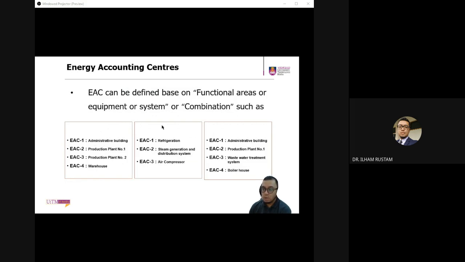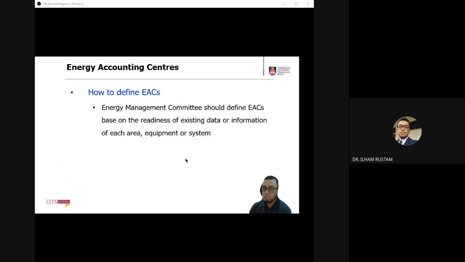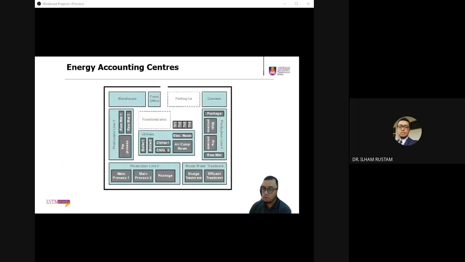You can also put it under a system, which in this case is the steam generation and distribution system, because steam may involve, let's say, for example, where's steam? I can't see it here, but supposedly maybe this area here, utilities. So steam from the boiler can be used to connect production line 2 and also production line 3.